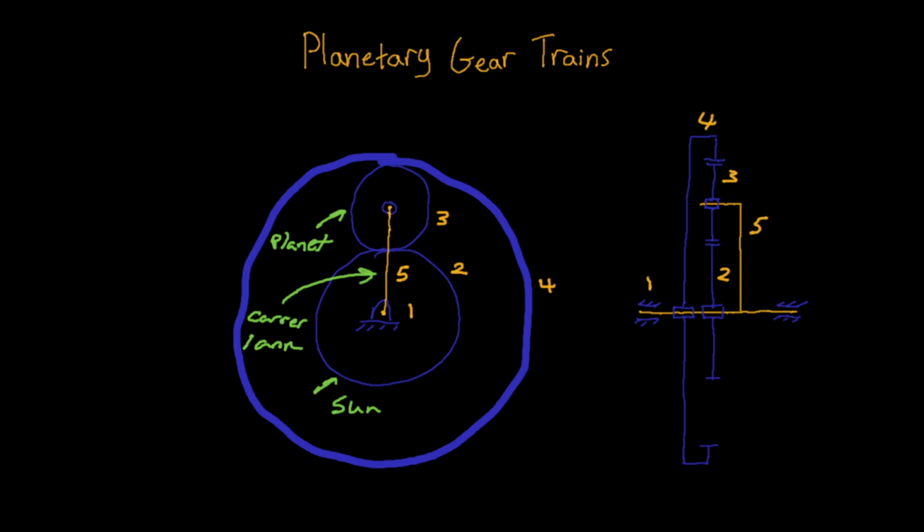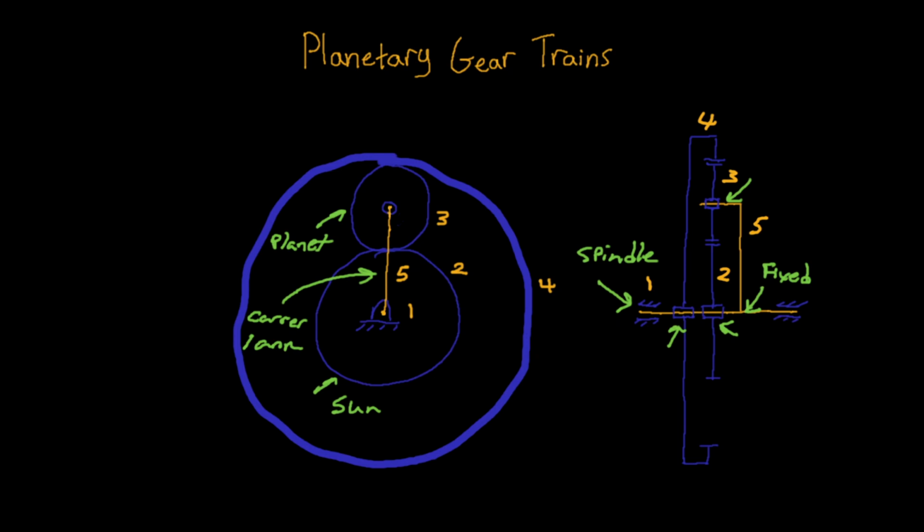And now we can see that this shaft is a spindle because it is not fixed to the ground, it spins on it. And gear 4 and gear 2 spin on the spindle, whereas element 5, the carrier, is fixed to the spindle. And gear 3 up here spins on the carrier.